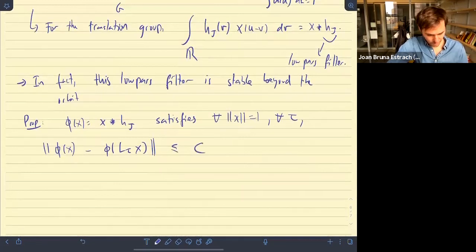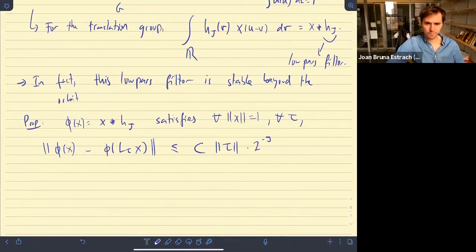It's controlled by a constant that doesn't depend on x nor tau, times the absolute largest displacement times 2 to the minus j.